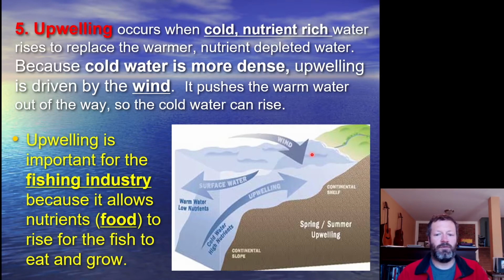And this is really important in the fishing industry, especially off the coast of Central and South America, where a lot of people depend on fishing for both their livelihood and for their food. They need these nutrients to come up from deeper in the ocean and help feed the fish, essentially.